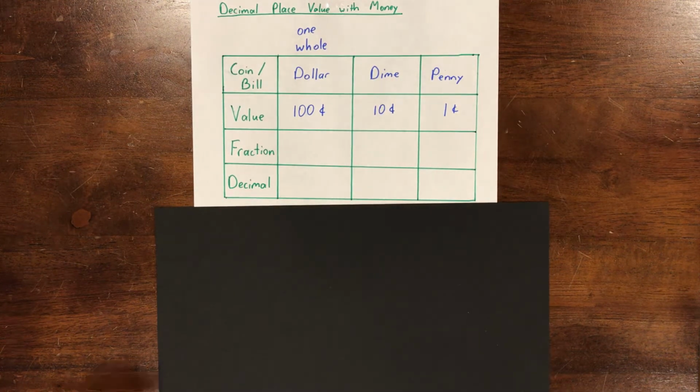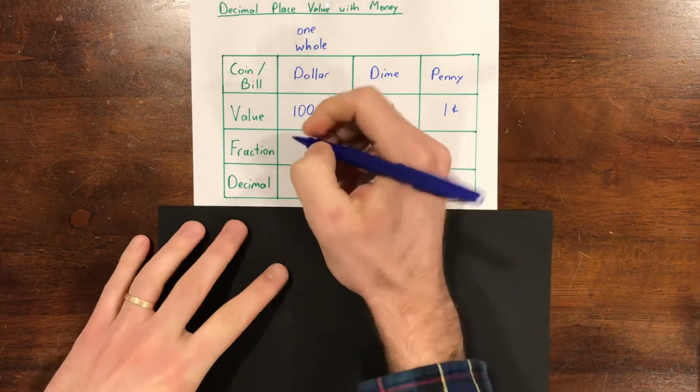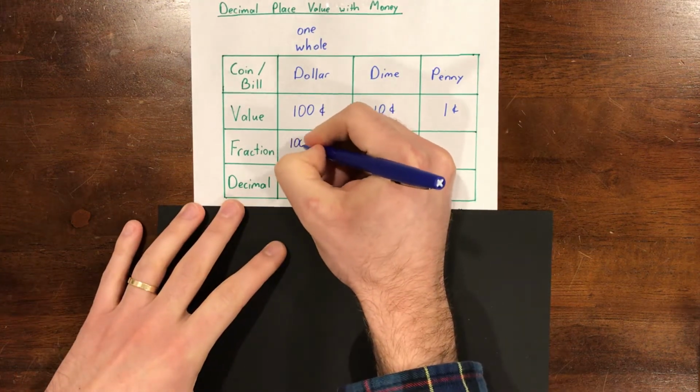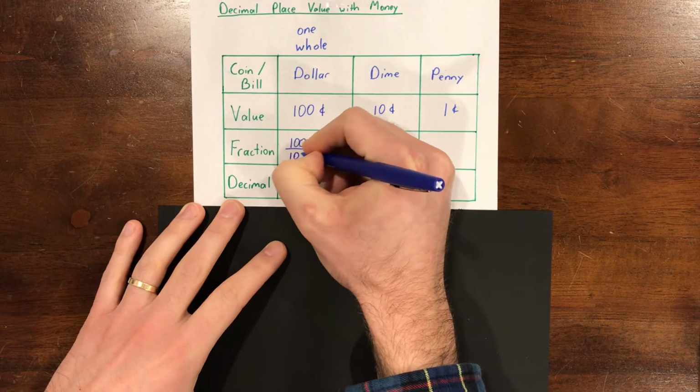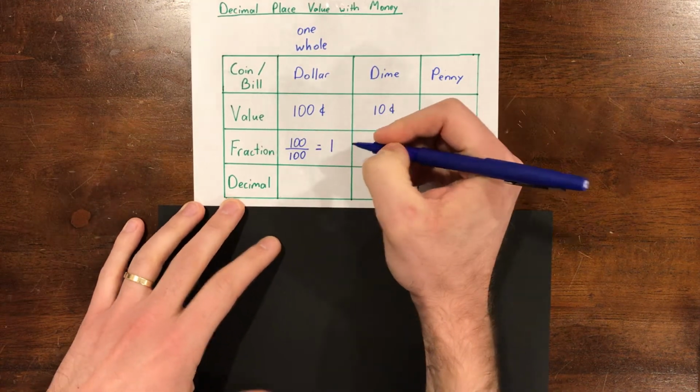Go ahead and say it out loud. Yep, it would be 100 100ths, right? And that's equal to one whole.